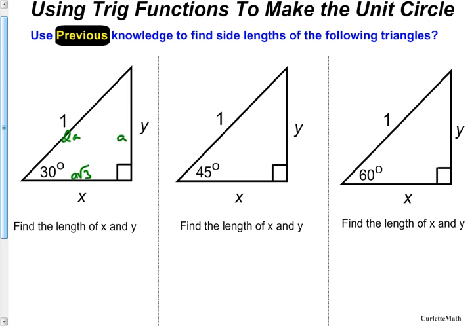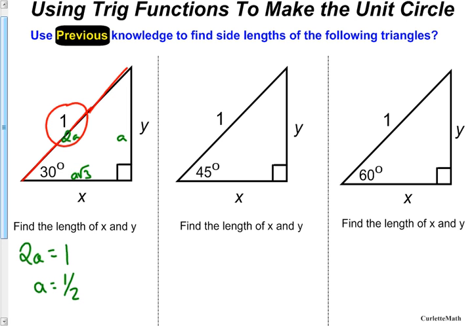And that ratio of sides would allow us to quickly solve this out. So since we know that this side length, the hypotenuse, has a length of 1, but it has a ratio of 2a, we can solve for a. So here we have 2a equals 1. A is going to equal 1/2.